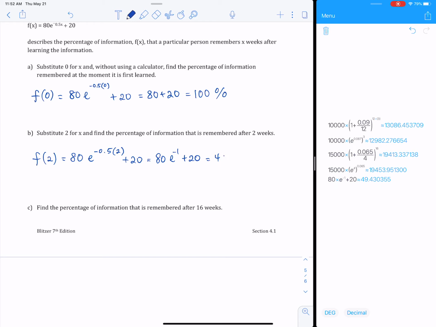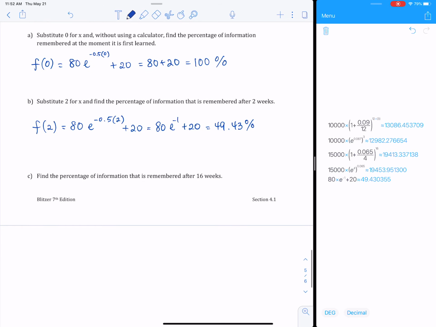So it looks like after 2 weeks, we remember 49.43% of what we've learned, which is less than half. So if we don't repeat what we have learned, after 2 weeks we only remember half of it.